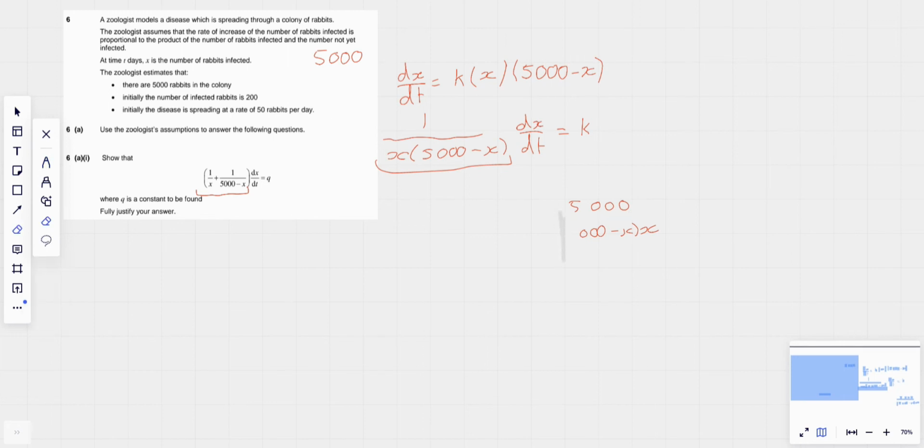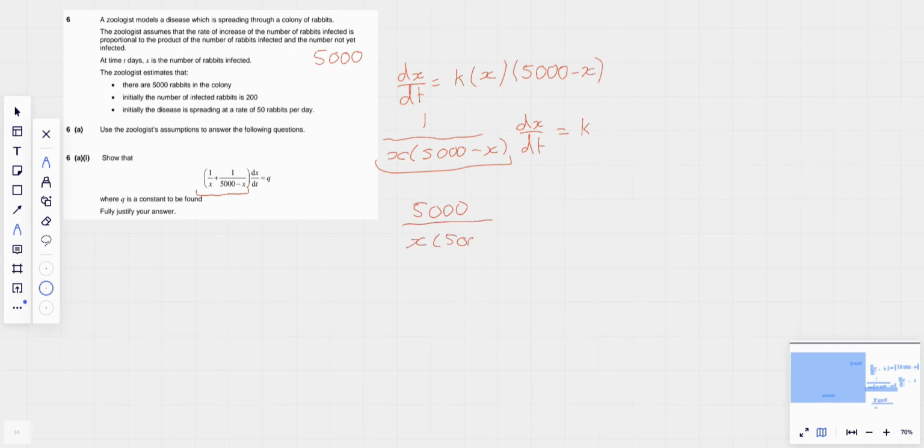And what that's going to do is allow us to split the fraction up like this. So we can times it by 5,000 dx/dt, and of course when you're timesing one side by 5,000, make sure to times the other side. Now for the 5,000k, obviously we're looking for a q, so we can say q is equal to 5,000k.